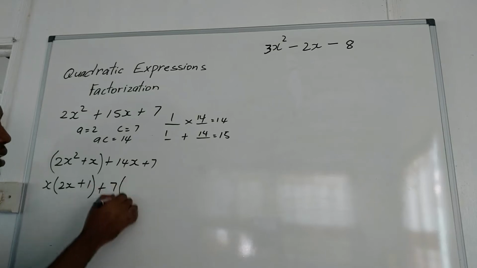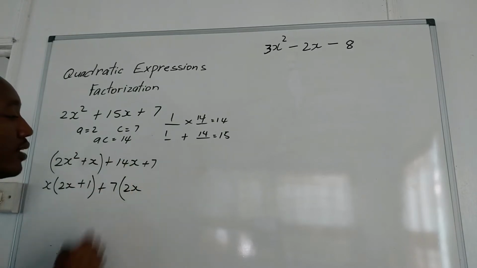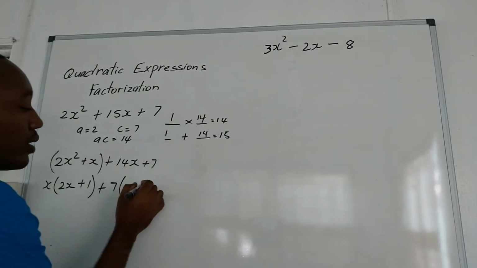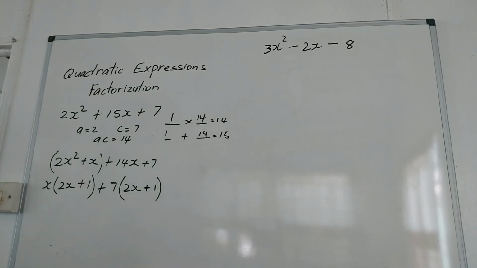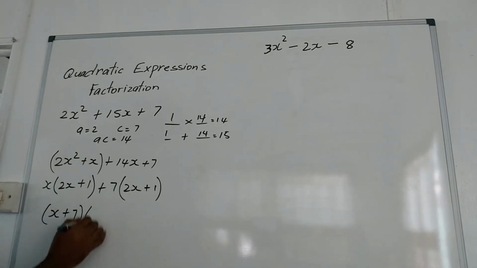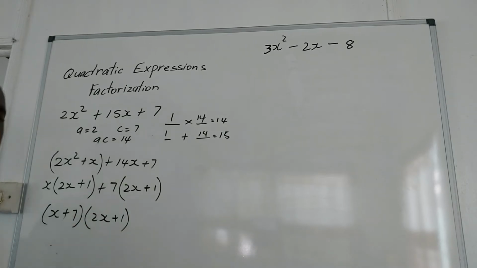So 14x divided by 7 will give us 2x, and 7 divided by 7 will give us 1. All right? So we have our expression there. Our brackets are the same, so we put our factors in one bracket, x plus 7, and 2x plus 1 in our other bracket.